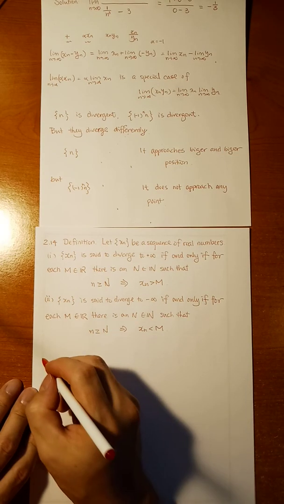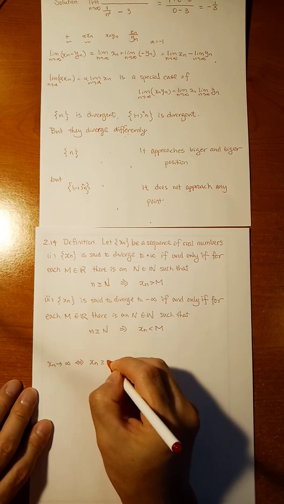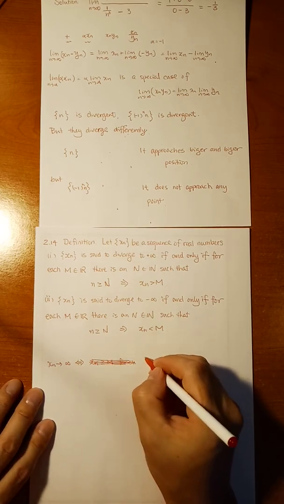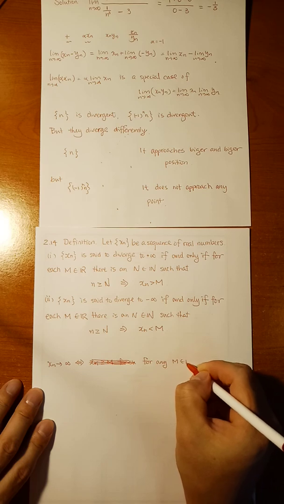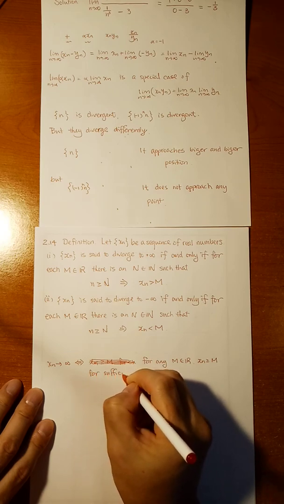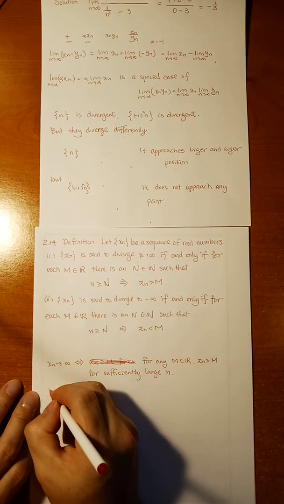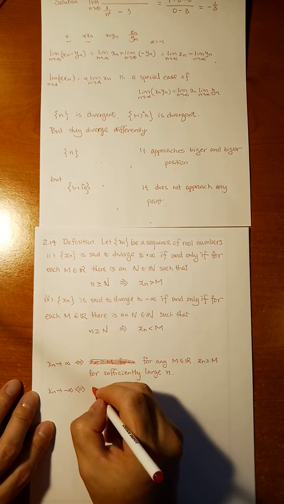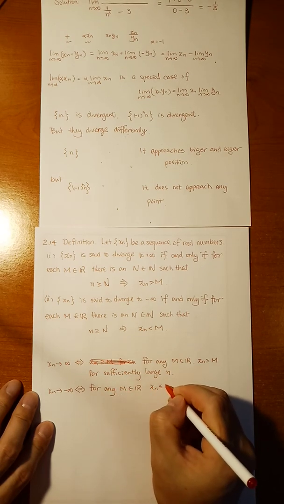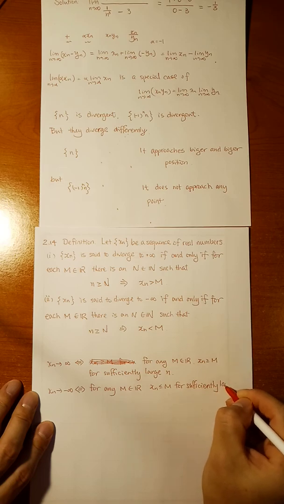In the intuitive way, xn approaches positive infinity if and only if for any m in R, xn is greater than or equal to m for sufficiently large n, and xn approaches negative infinity if and only if for any m in R, xn is less than or equal to m for sufficiently large n.